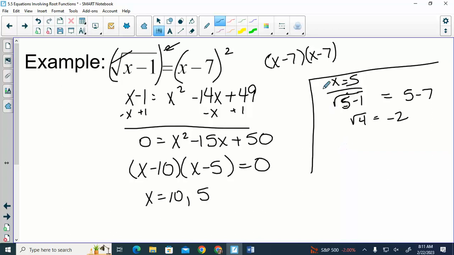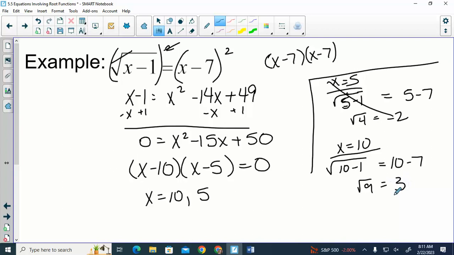No, that doesn't work. If we plug in 10, we get the square root of 10 minus 1, so the square root of 9 equals 3, and that does work. So 10 is our only solution.